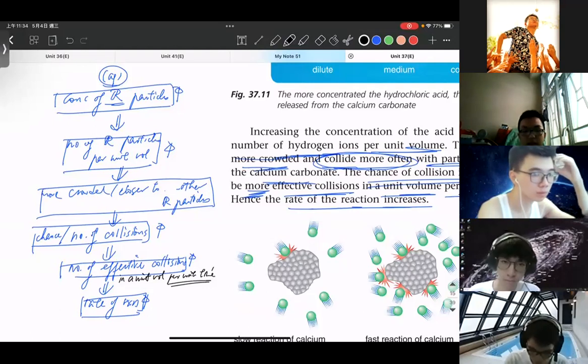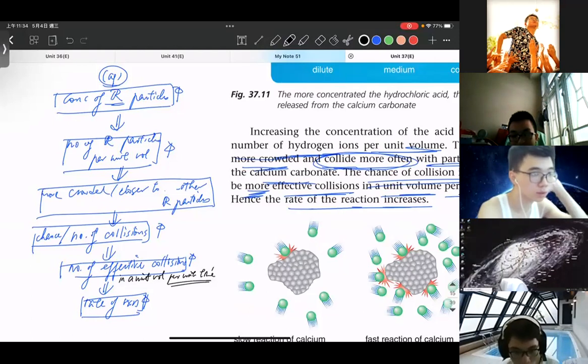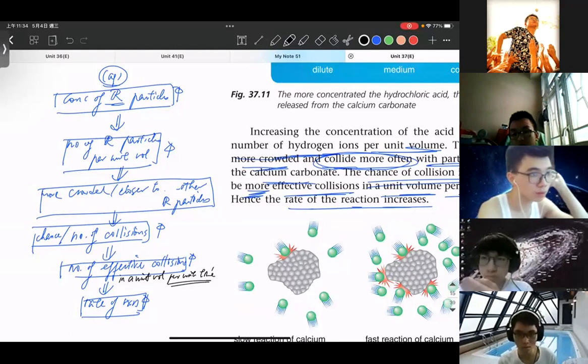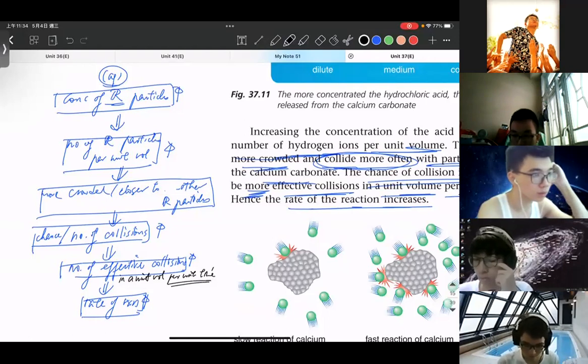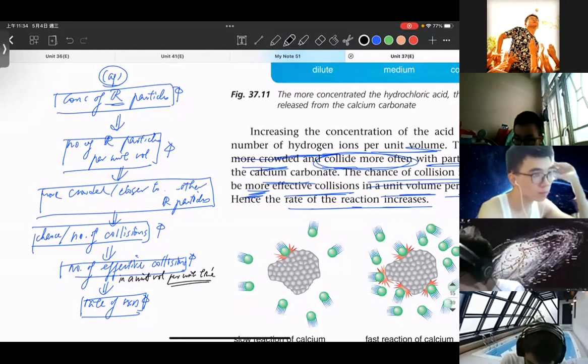Now, remember, what we have just mentioned only affects the rate of reaction, but for the total number of moles of the product to be formed, you just go back to the calculations, to the volume and concentration. Would you start to know how it affects the number of moles of product to be formed?